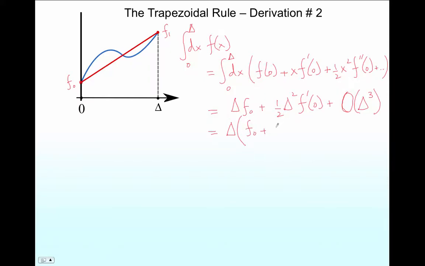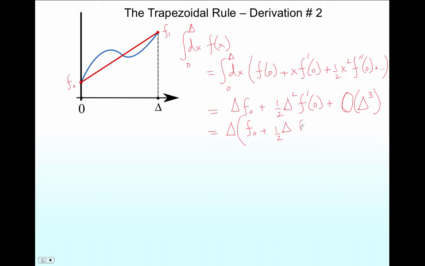So now let's do what we did before, that is take delta common, write this out, f naught, and then I have half delta. I've taken one delta out. I need the derivative of the function at this point. Well, for a straight line, that's the same as over here. And we talked earlier, just in the previous slide, how to take the derivative on a grid.